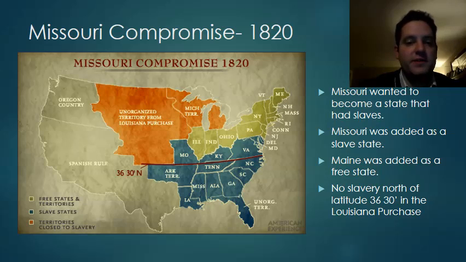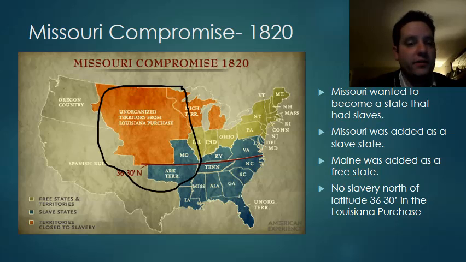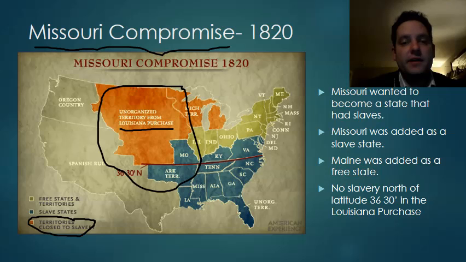All right. What is this big piece of land right here that we bought from France? You've learned this. Louisiana Purchase. So what does the orange mean? The orange means that these territories are closed to slavery, that there can't be slavery there right now, and because of the Missouri Compromise, once these places become states, they will not have slaves in them.